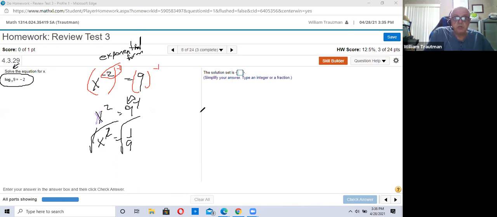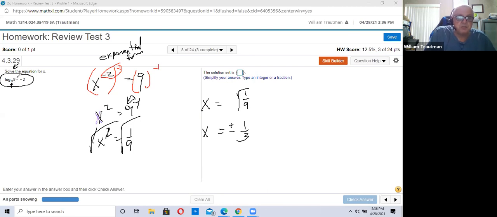Square root of square, you get x. Square root of 1/9, you can actually put that in your calculator. If you put the square root of 1/9 in your calculator, you get 1/3. Now, remember when you do square roots, you get two answers, plus and minus. But you can't put a minus into the log.